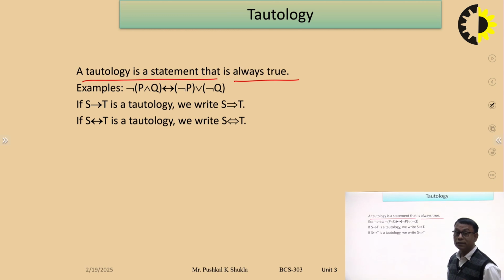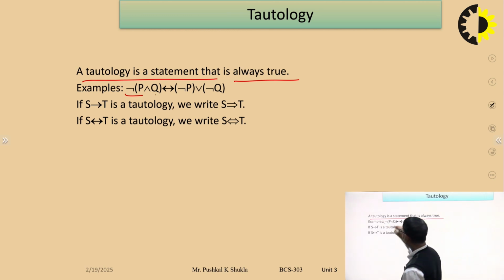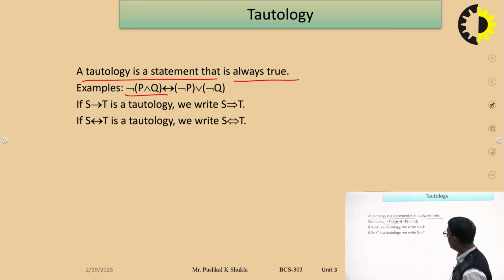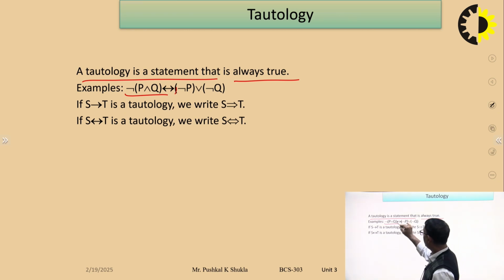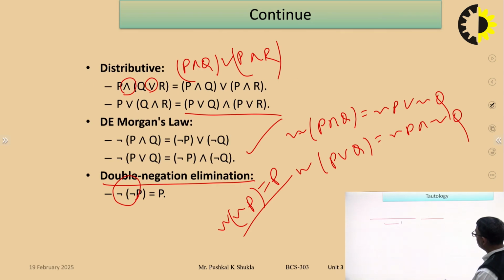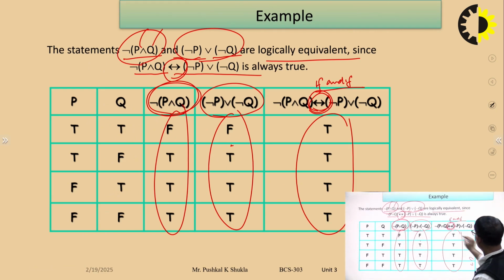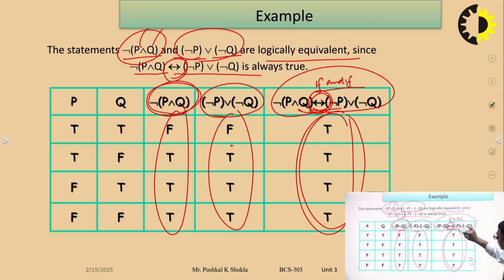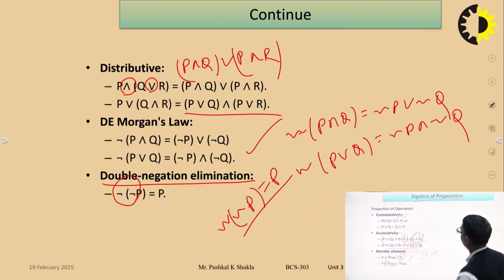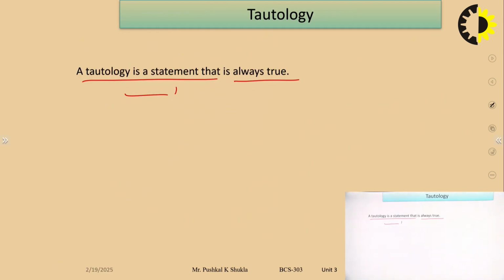For example, negation of (P and Q) implies negation of P or negation of Q. All the values are true, so this is a tautology.